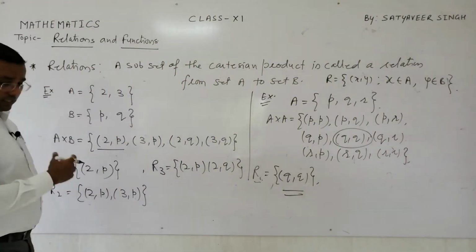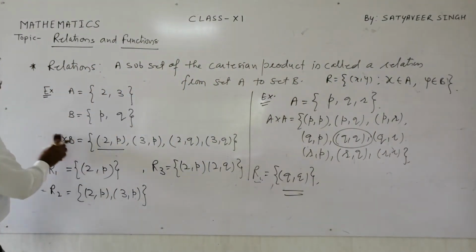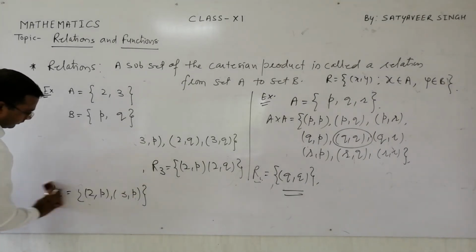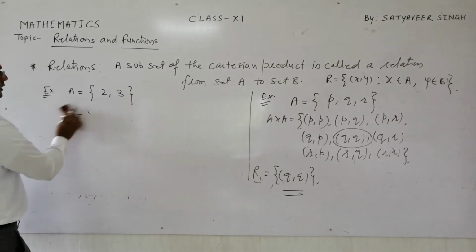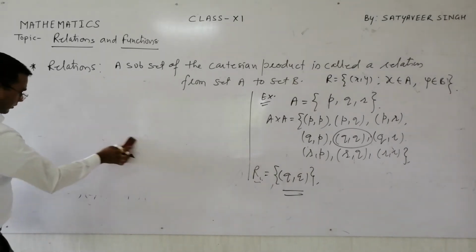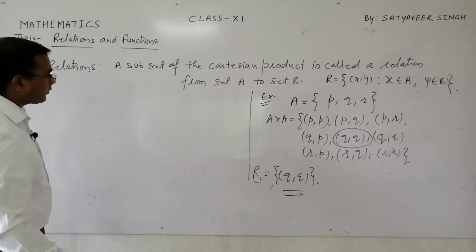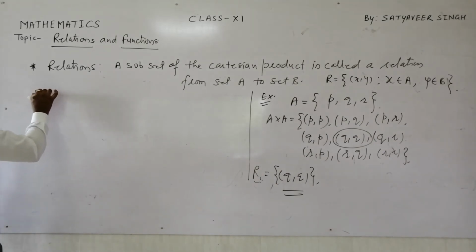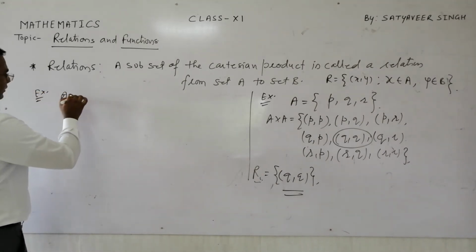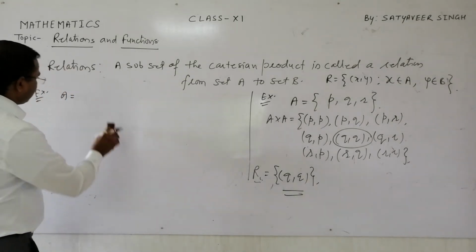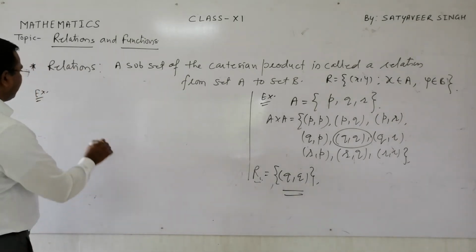We can describe the relation using the Venn diagram also. See, if you want to see this using the diagram, this is also very interesting. Set A I have taken. Now I am using the Venn diagram, so I will write directly like this.